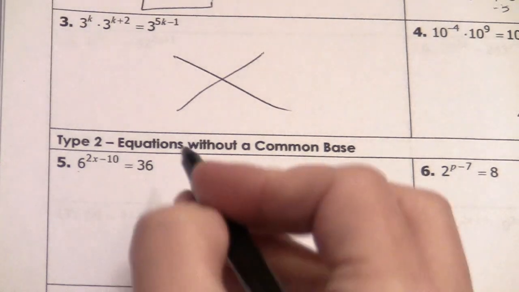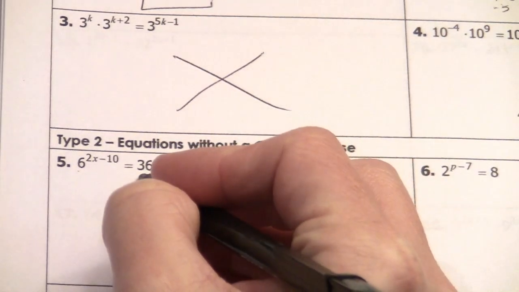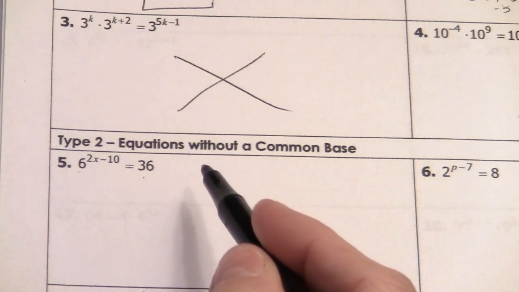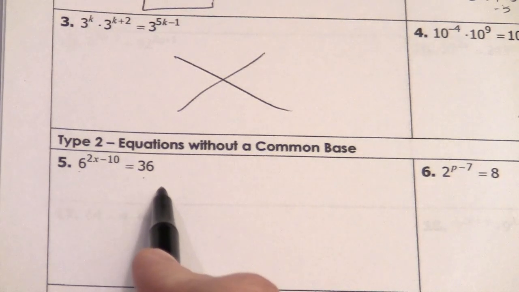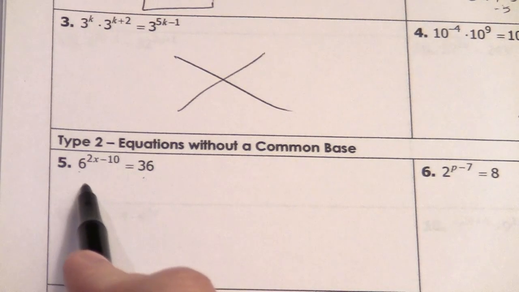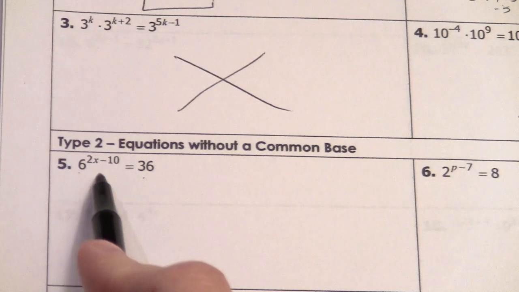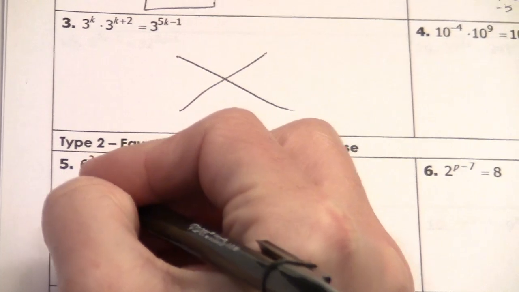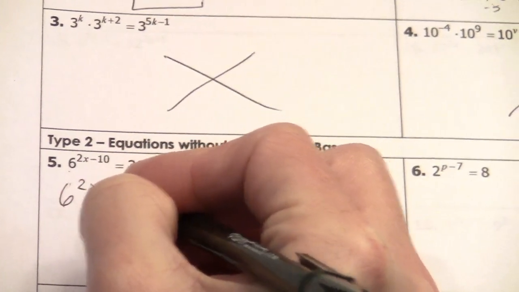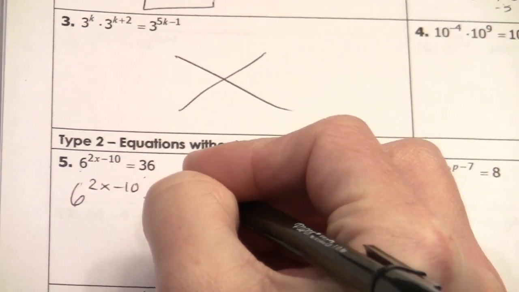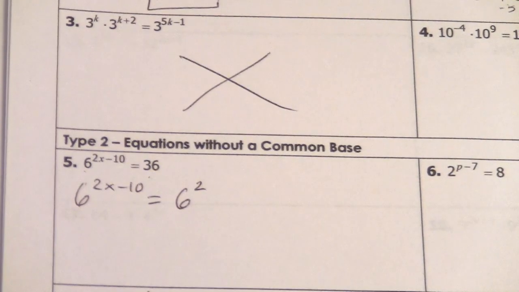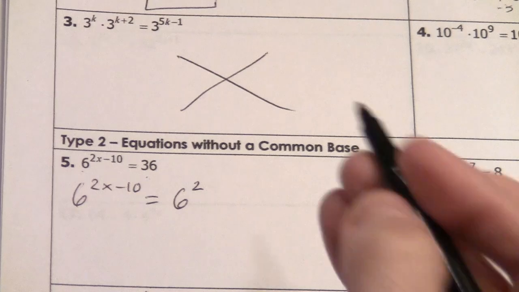We're going to take this 36 here, and we can change it to 6 with a power of 2. Therefore, it would have a 6 base with a power of 2, matching this 6 base with that power. So we're going to have 6 to the 2x minus 10 power equal to 6 to the second power. This is something where knowing your squares is really going to help you out.